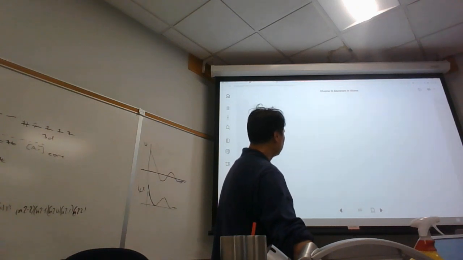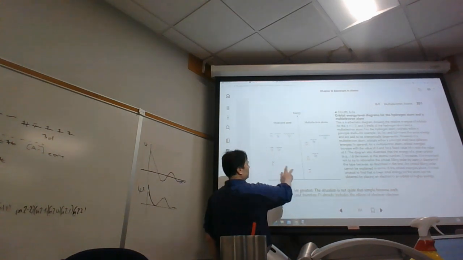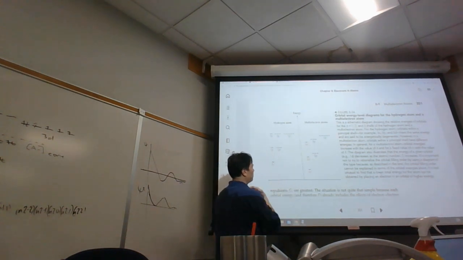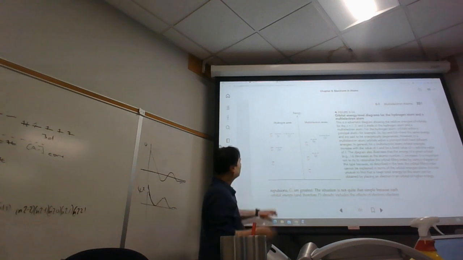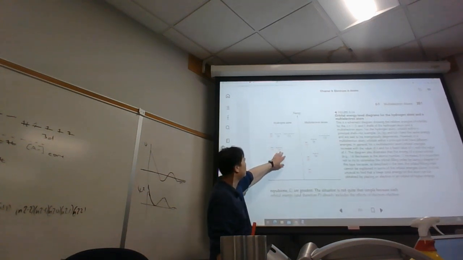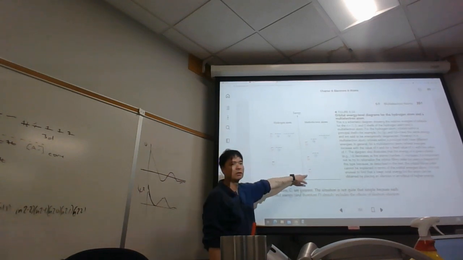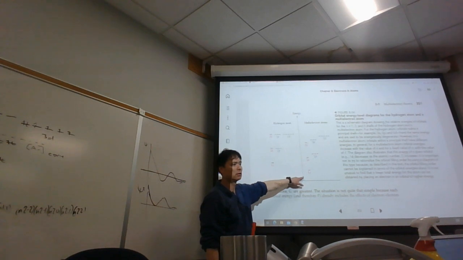You should know this, right? The difference in the diagram between a single electron atom like hydrogen and multi-electron atoms like everything else. Why do you think the 1s is lower for multi-electron than hydrogen?